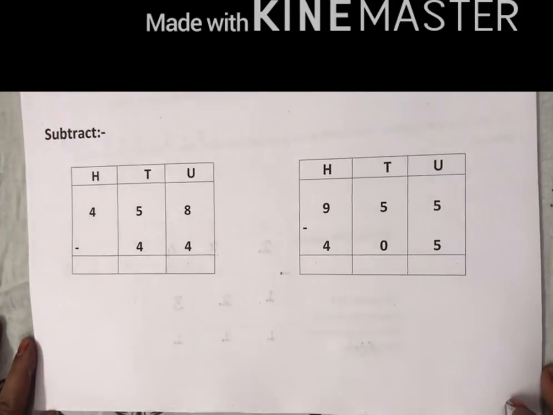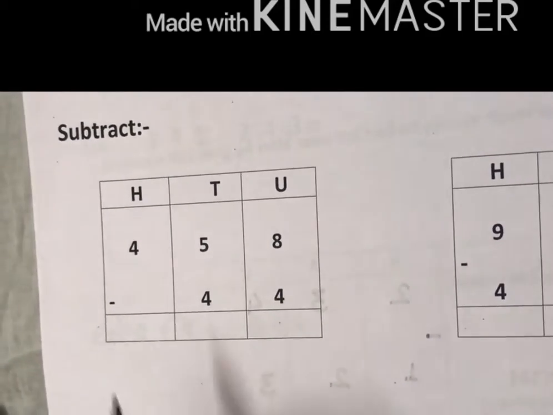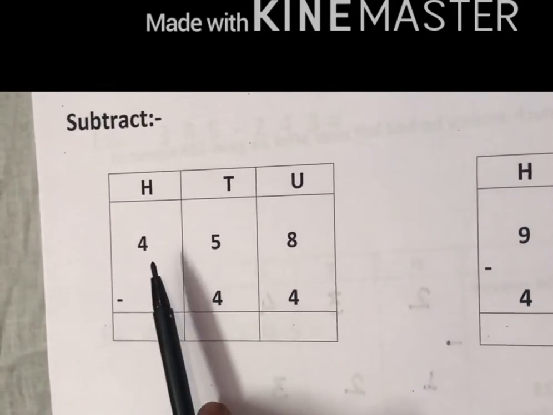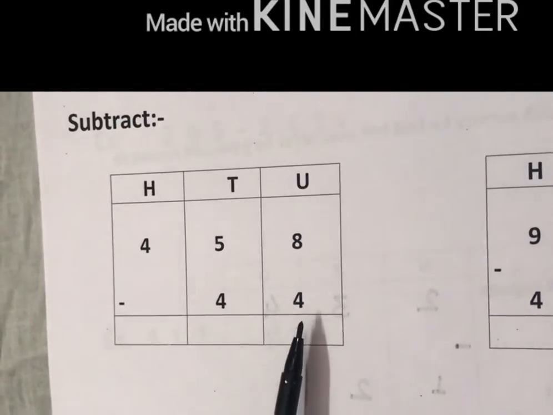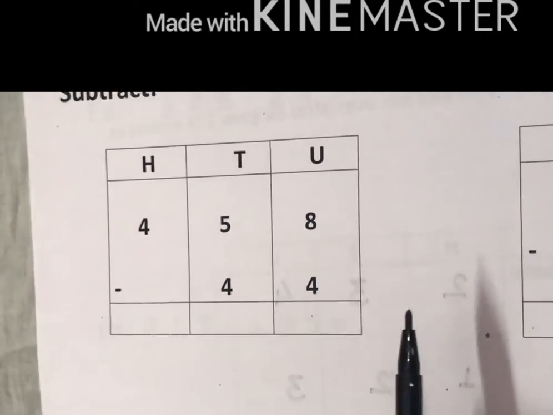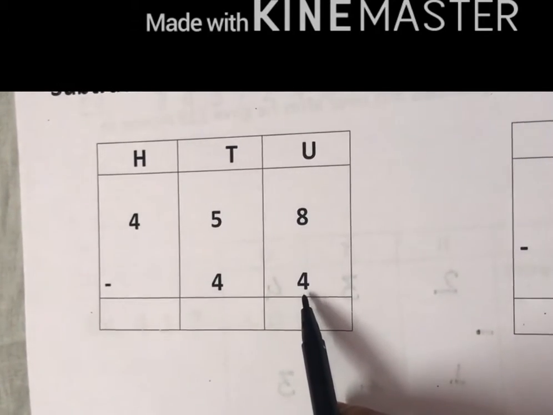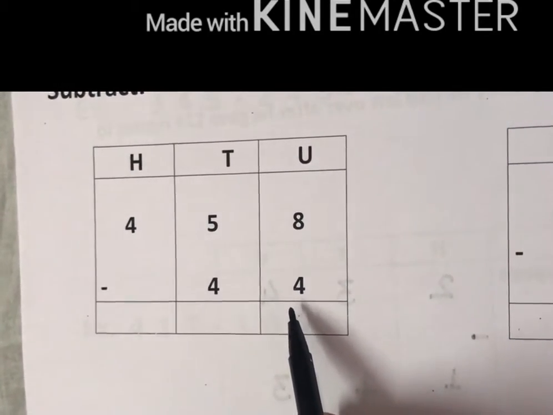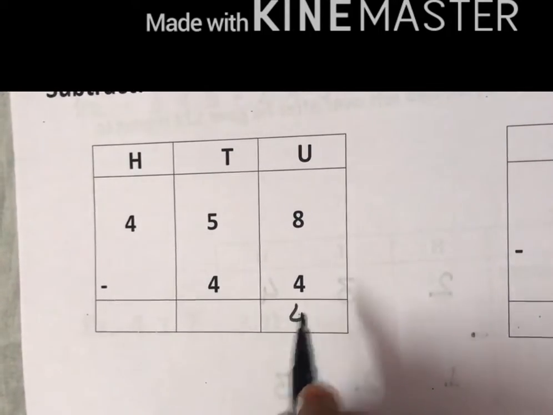Now we will see more examples of 3-digit subtraction. So in this first example, 458 minus 44. We will start with unit place. 8 minus 4. What will come? The answer will be 4.